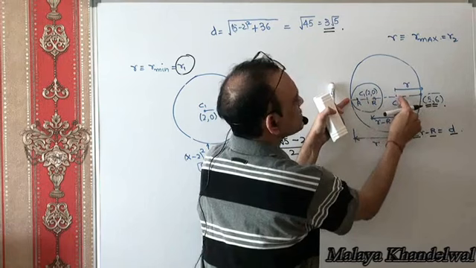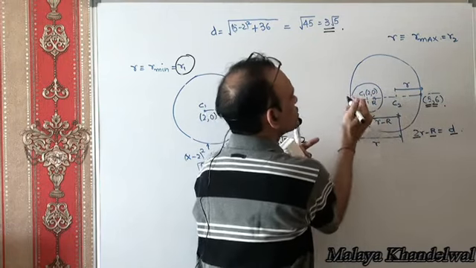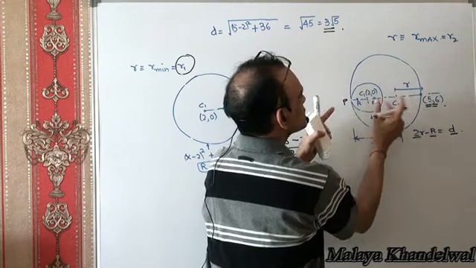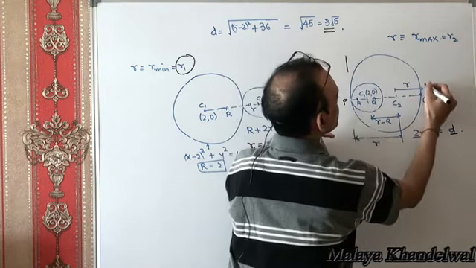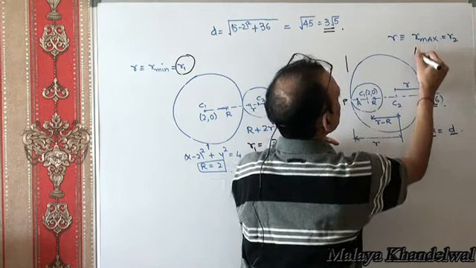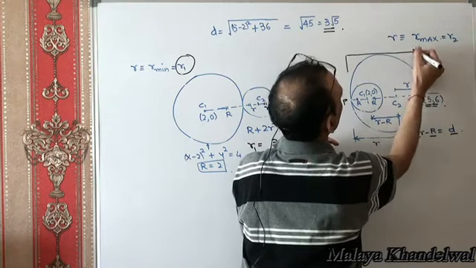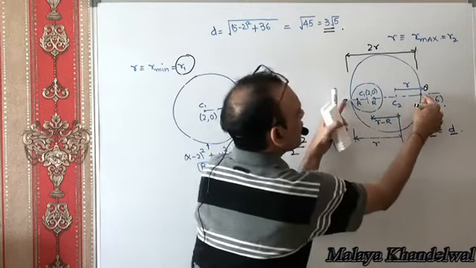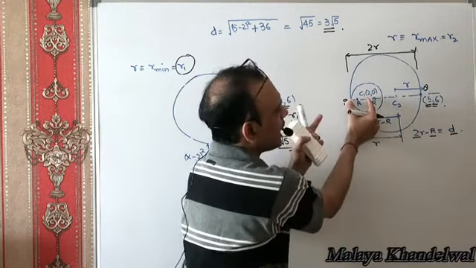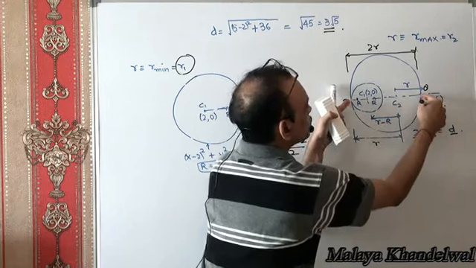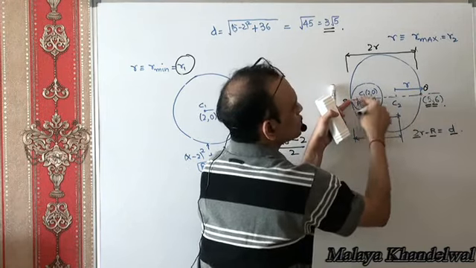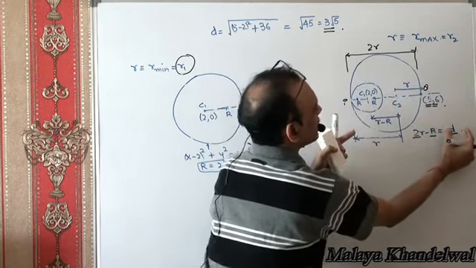From the center C2 to P is small r plus r, that is 2r, isn't it? This whole distance from P to Q is 2r, right? And from 2r, if I subtract capital R, I'll get D.